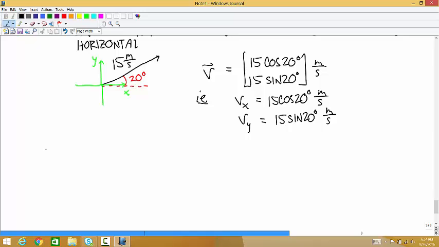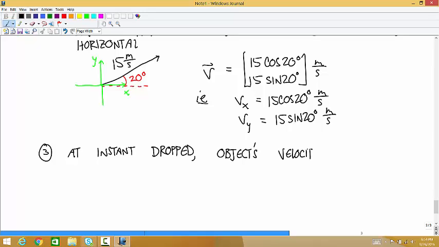The third one, only 2 more. At the instant that an object is dropped, the object's velocity vector is the velocity vector of what it's dropped from.